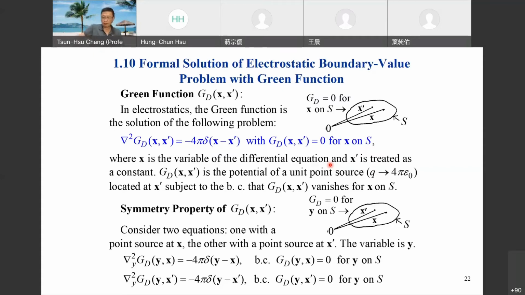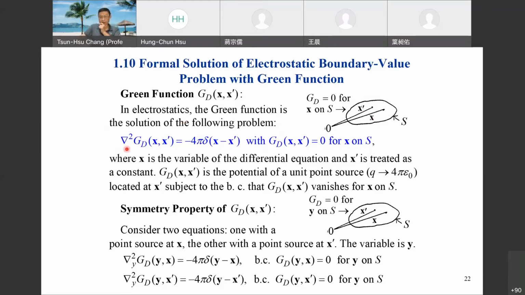Okay, so we introduce the green function G_D. The subscript D means the Dirichlet boundary conditions. We have two variables, x and x prime. In electrostatics, the green function is the solution of the following problem.